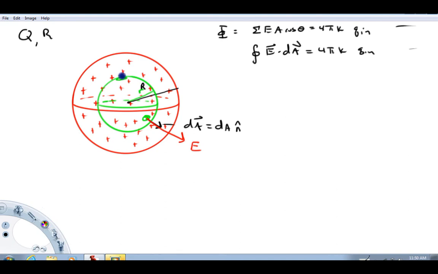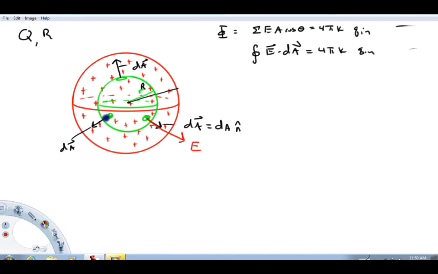I'm going to draw a dA vector, which is in the direction of the normal. I'll draw one more, right here, imagining that being a little spot on that sphere, and draw the dA vector. If you're using the algebraic form of this law, all you have to draw are normal vectors. Now, electric field vectors at all those different points.